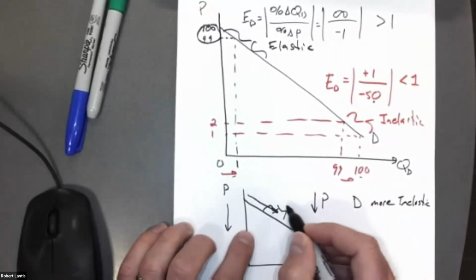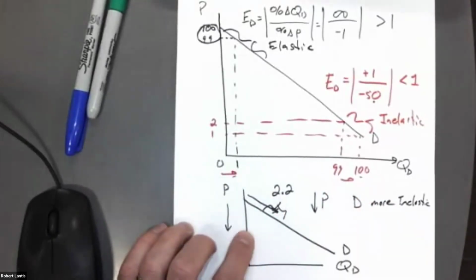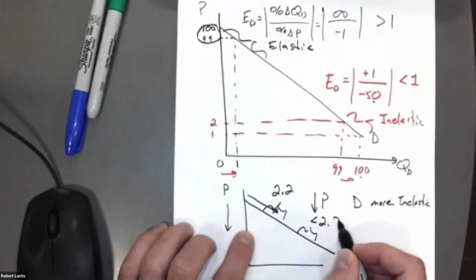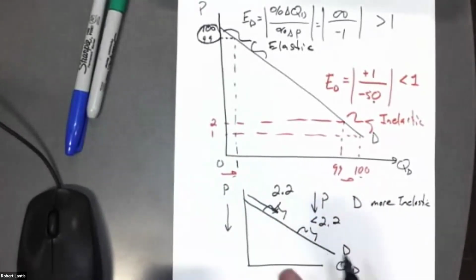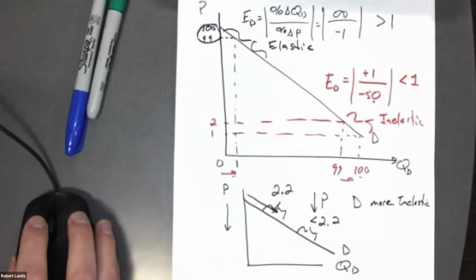So we know that, for example, if I calculated the elasticity here and it was something like 2.2, then the elasticity down here must be less than that, right? It's going down. It doesn't necessarily have to be inelastic, but it has to be some value less than that elasticity we calculated initially. Okay.